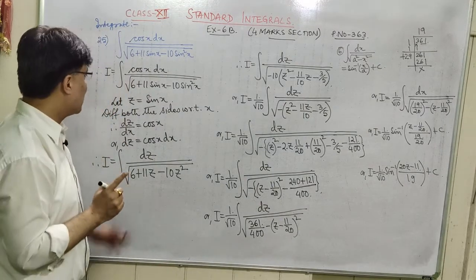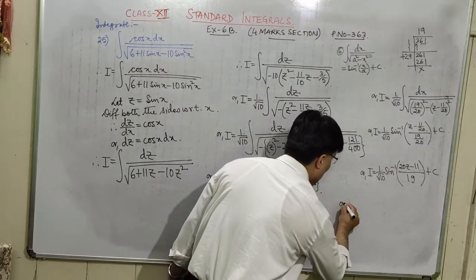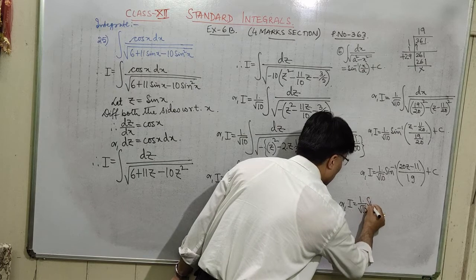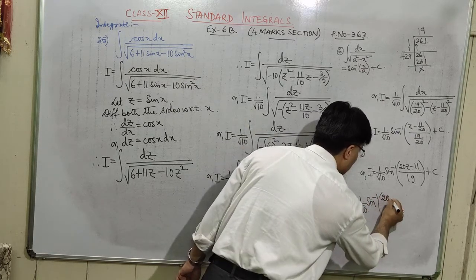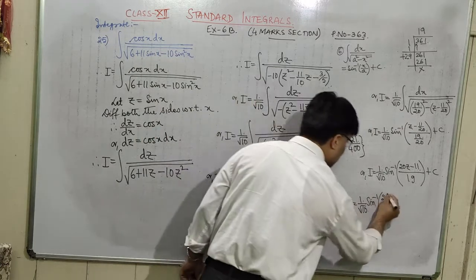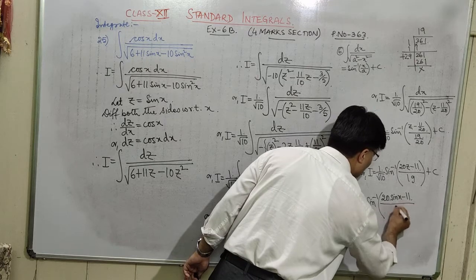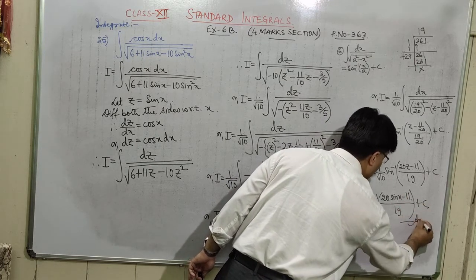So let us put the value for z. What is the value for z in this case? It is sine x. Okay. So I is equal to 1 by root 10 sine inverse within bracket 20 into what is z? Sine x. It is sine x minus 11, this whole divided by 19, and it is plus c.